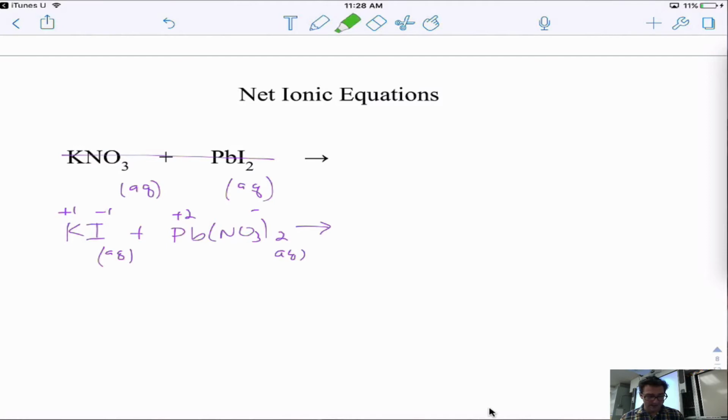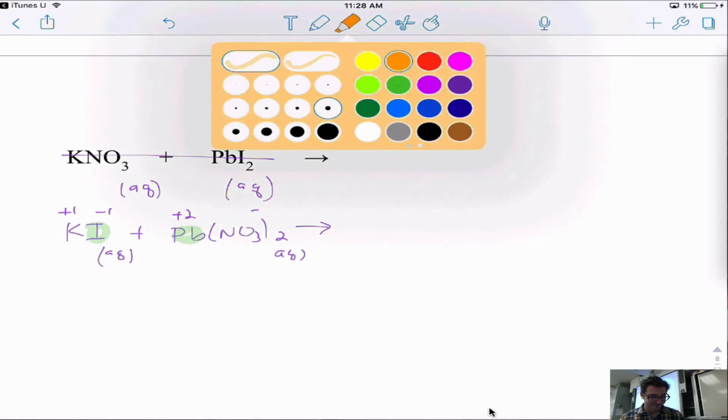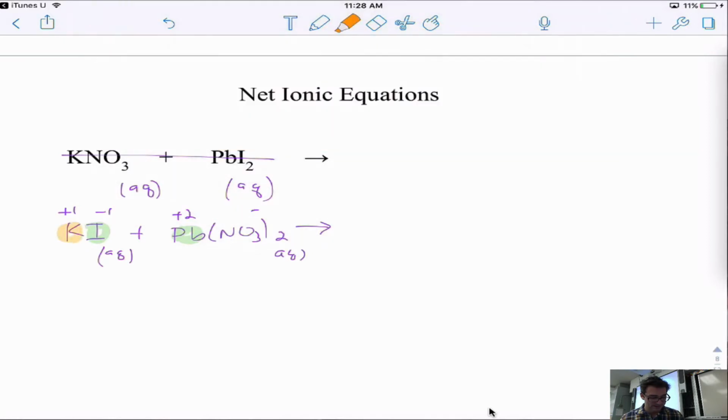The positive ion Pb is going to go with the negative ion I, and the K positive and the NO3 are going to combine together. They'll combine in such a way where the positive and negative ions cancel each other out, so you'll have to write new formulas: KNO3 plus PbI2.